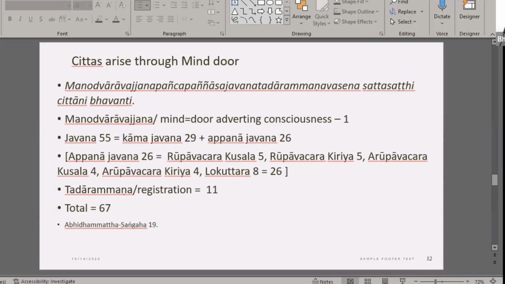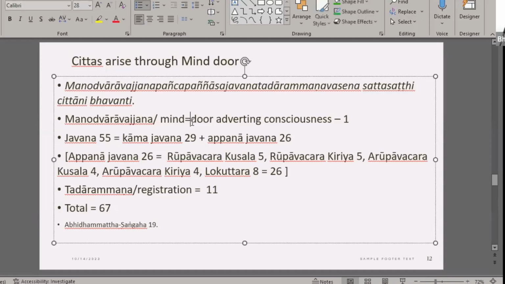What happens first when an object strikes our bhavanga chitta? It vibrates and stops. Then Manodvara Vajjana chitta arises. Mind or adverting consciousness arises. Then it adverts towards our object.